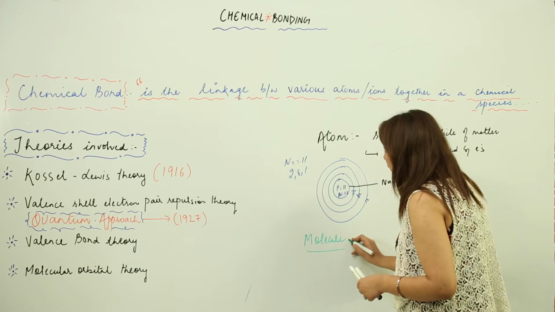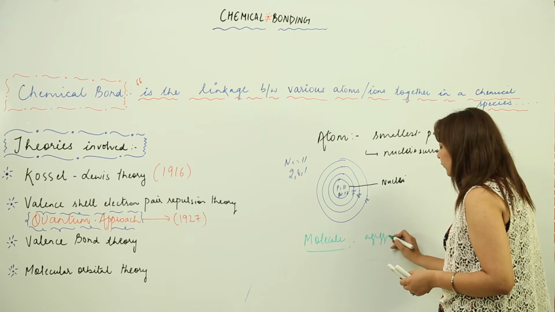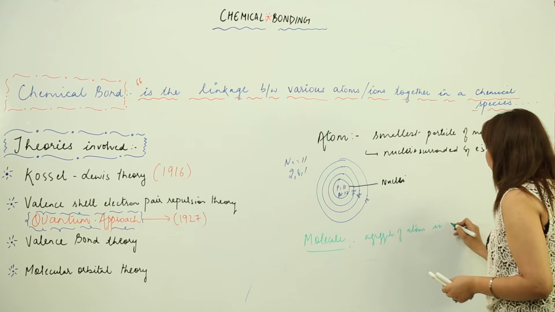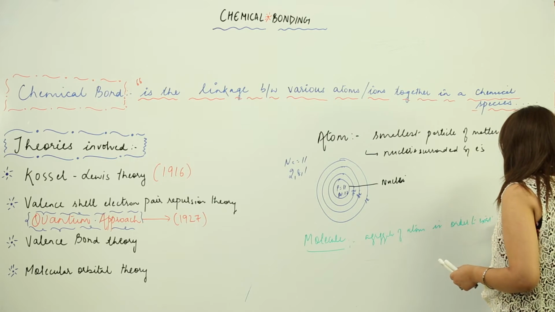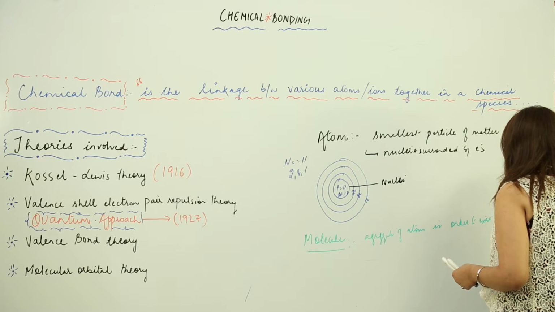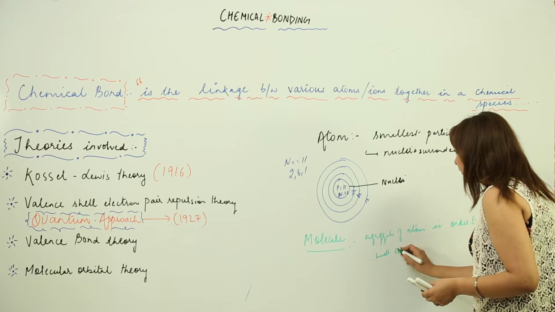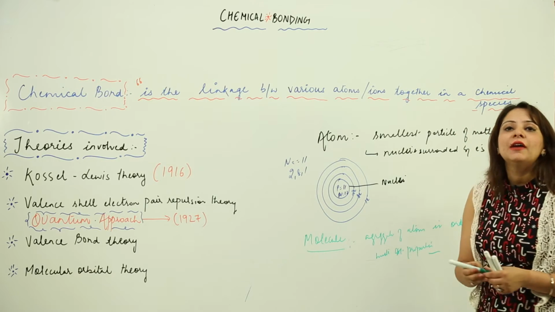What is a molecule? It is an aggregation of atoms in order to exist as one chemical species with characteristic properties.